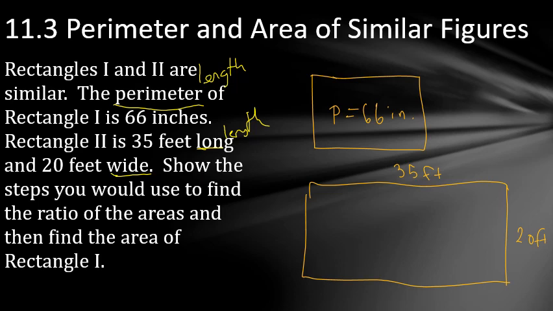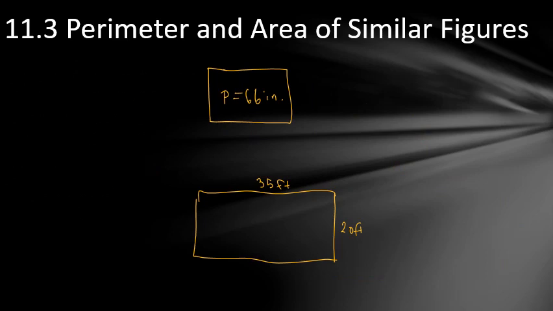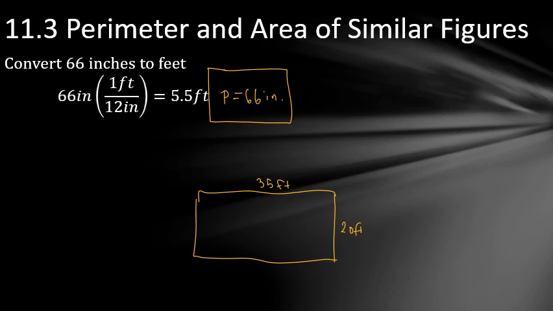Notice there's an issue. The first rectangle is in inches. The second rectangle is in feet. So we need to change that. We'll convert the 66 inches to feet. Just divide by 12, and you get 5.5 feet, because there's 12 inches in 1 foot.